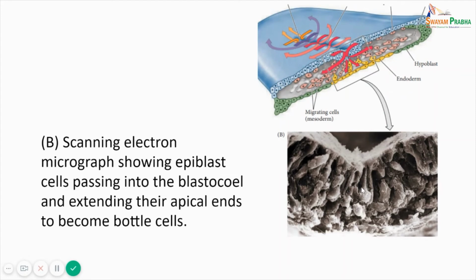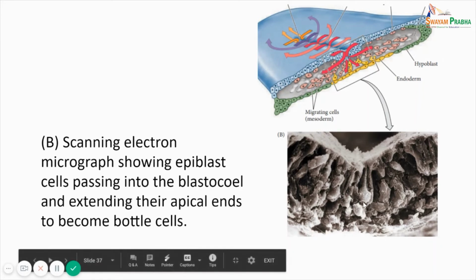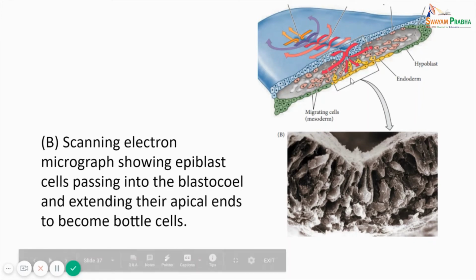Bottle cells we discussed during gastrulation in frog also. So there is some formation of bottle cells here, but it is believed that these bottle cells are not able to maintain their contact with the epiblast. Rather, they ingress into the blastocoel and then they join the hypoblast.